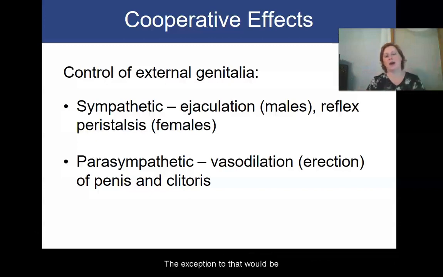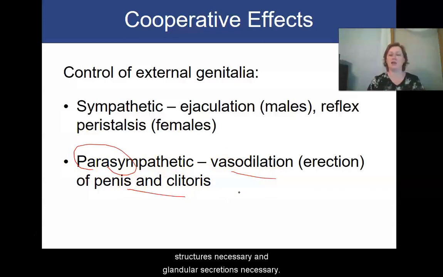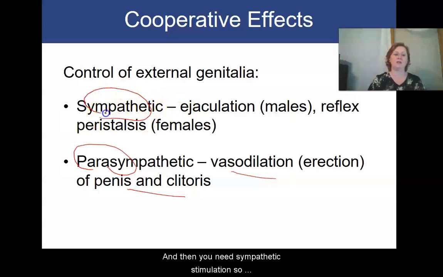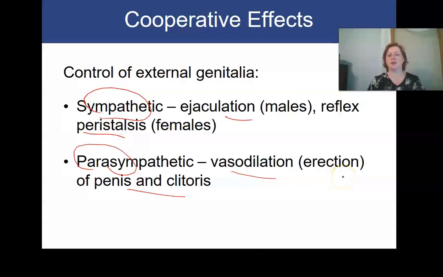The exception to that would be sexual reproduction, because I need parasympathetic stimulation so that you can actually get blood flow to the structures necessary and glandular secretions necessary. And then you need sympathetic stimulation so that you can actually get ejaculation or peristalsis in the females. So in this case, you actually have cooperation between these two systems.